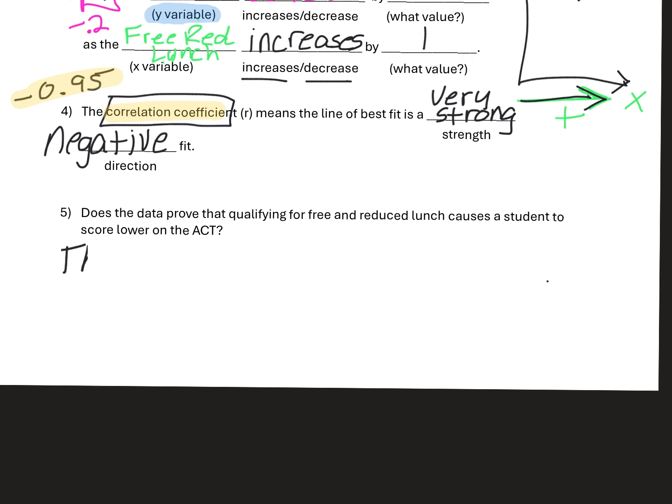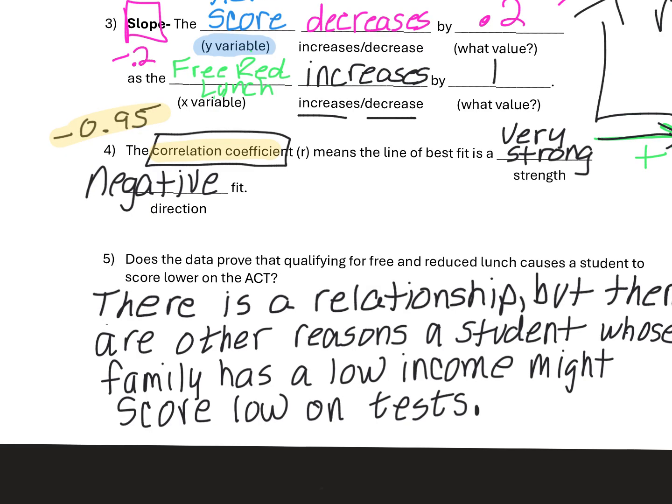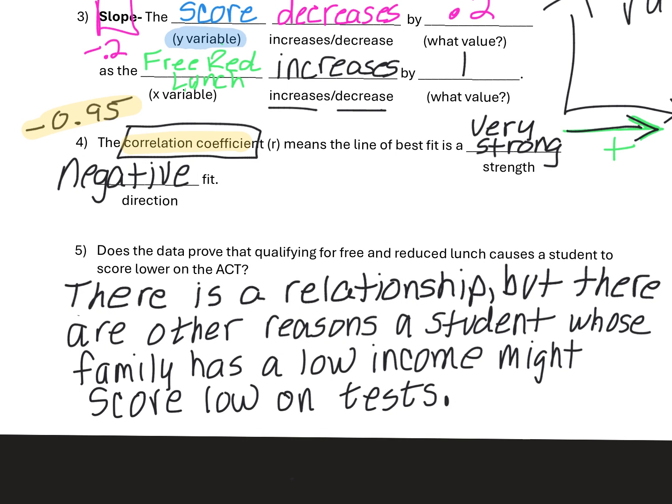Just because your family doesn't necessarily have a lot of money does not automatically cause you to get a low score. For example, if your family doesn't make a lot of money, maybe you have to have a job so you don't have as much time to study. Or maybe your family can't afford to pay money for a tutor for the ACT.